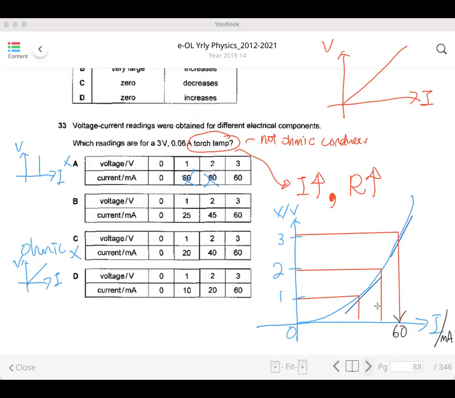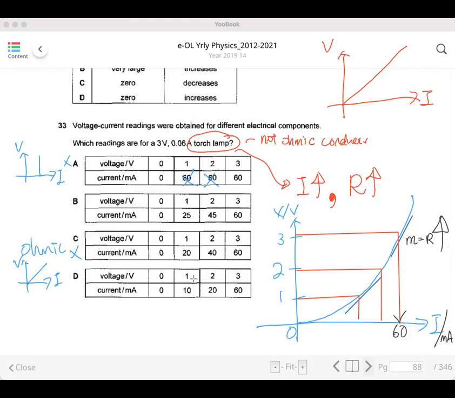So the question now is based on my drawing here. The gradient, which is the resistance, is increasing, because for a lamp, as your current goes up, your resistance increases. Is that clear? So based on this idea, will your answer be B or D?